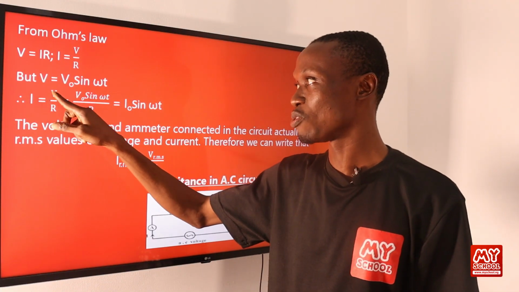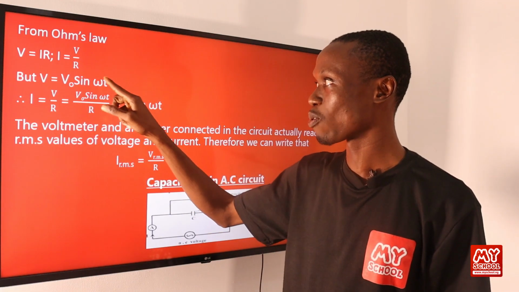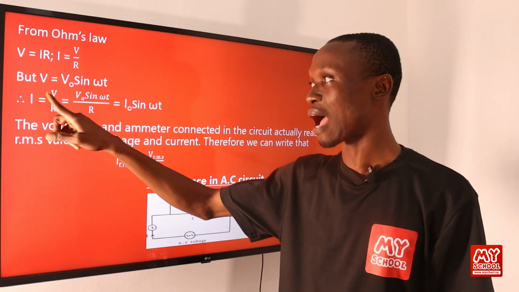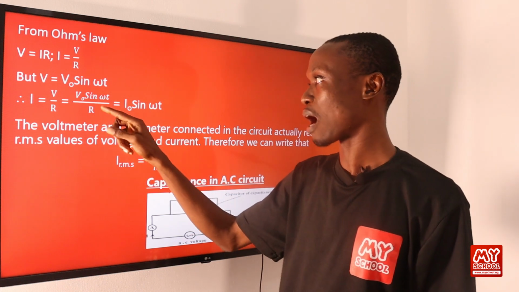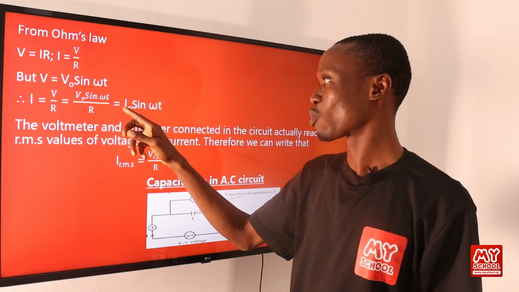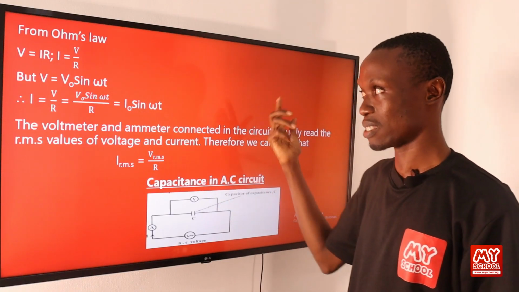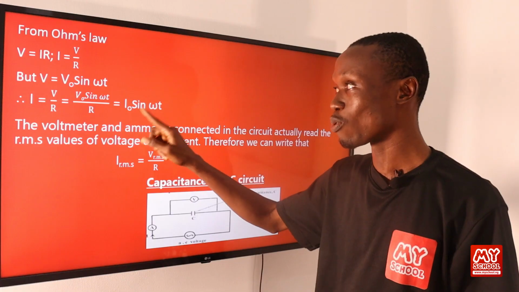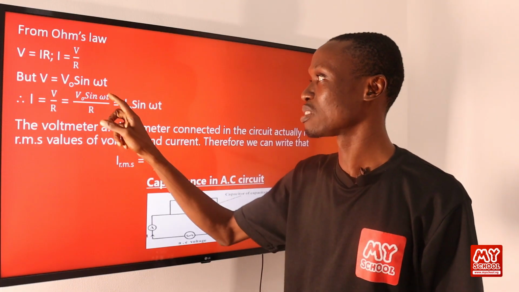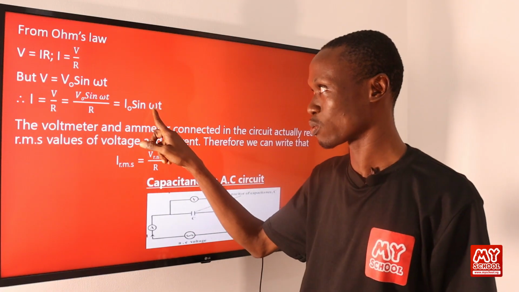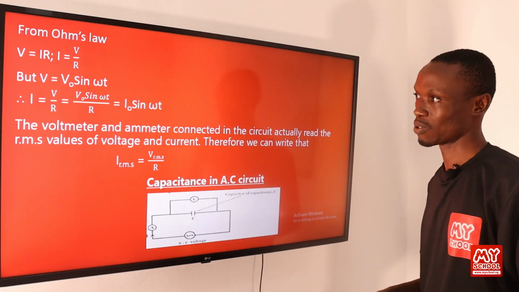So in place of V, we replace it with V naught sine omega t, and we have I equal to V naught sine omega t over R, and this will be equal to I naught sine omega t. Of course, remember that I is equal to I naught sine omega t. So this and this are equal. Just take note of it.